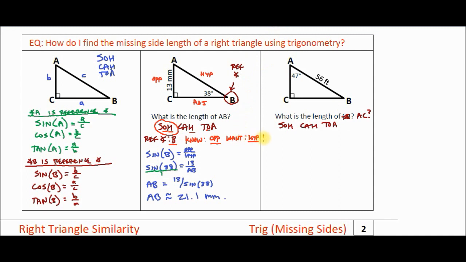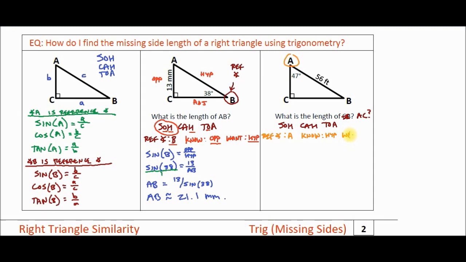Next step, what is our reference angle? Well, the only angle we know as a reference angle is angle A. So A is going to be our reference angle. I will circle that. All right, next thing is, what side do we know? Well, we know the hypotenuse. AB is the hypotenuse.